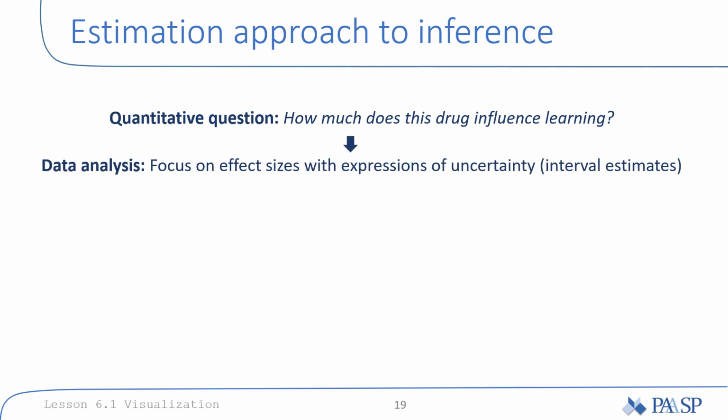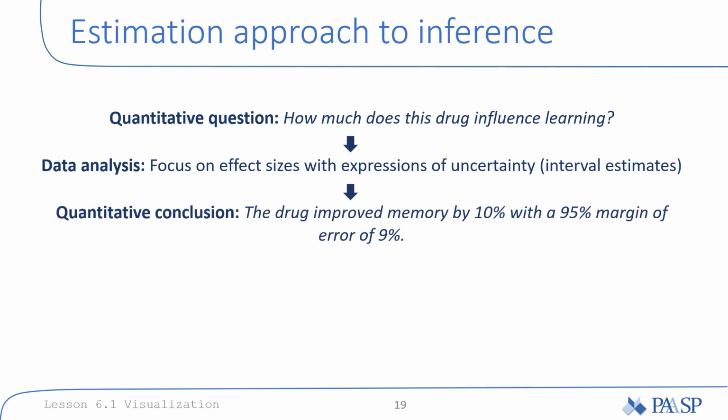This is answered with an effect size, which gives a quantitative answer to the research question, and an interval estimate, which helps express uncertainty. For example, the drug in this example improved memory by 10% with a 95% margin of error of 9%. The effect size expresses the magnitude of difference observed in the sample, here 10%.